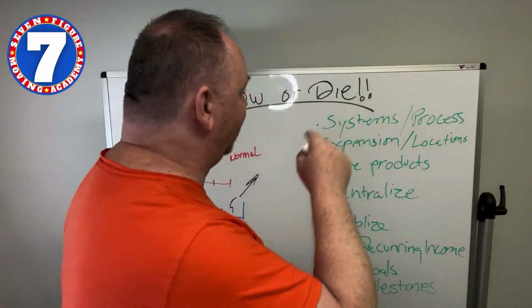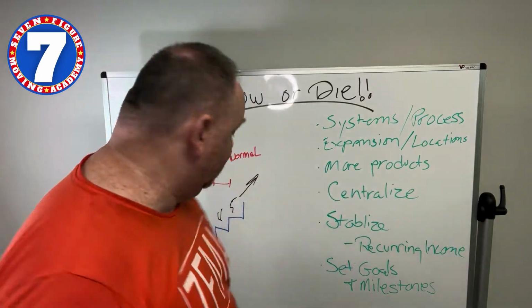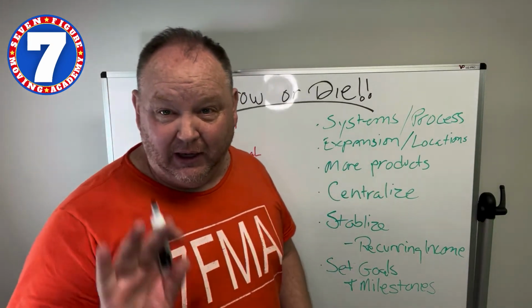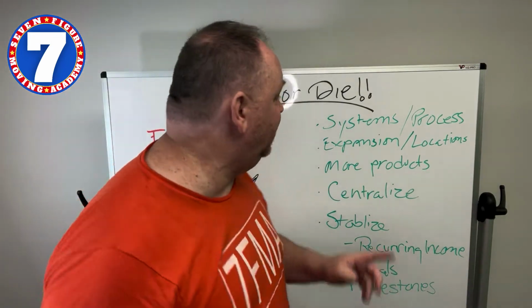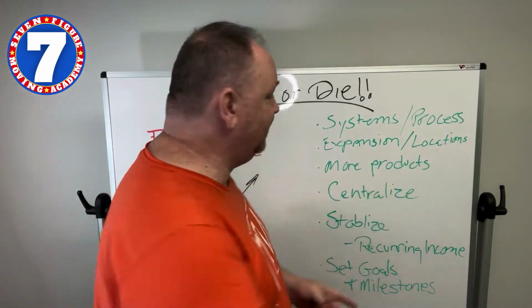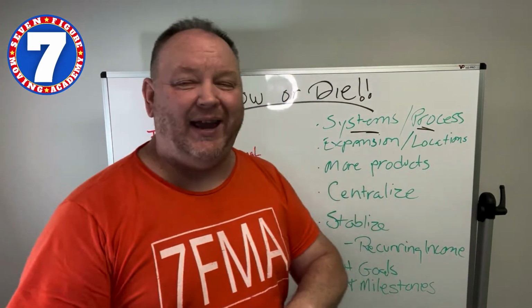So let's take a look here. So one of the first things you want to do, in my opinion, if you're going to be down here in that first foundation, you want to start creating your systems and processes, right? This is as easy as 1, 2, 3, literally.